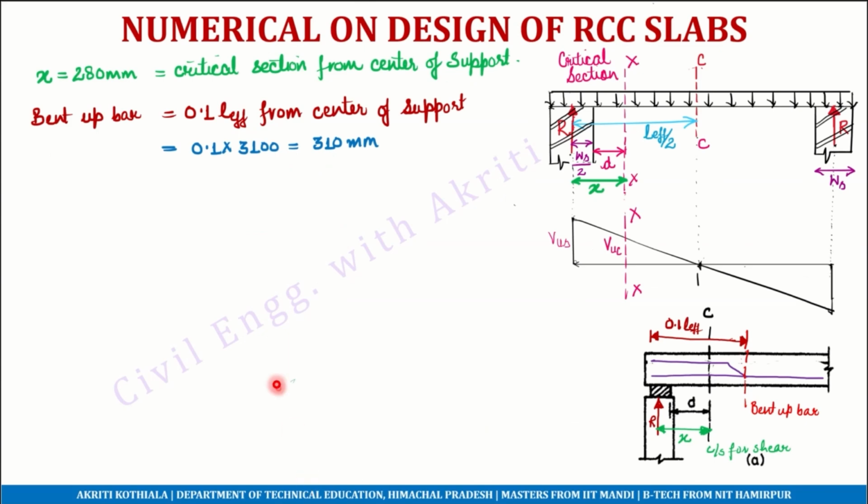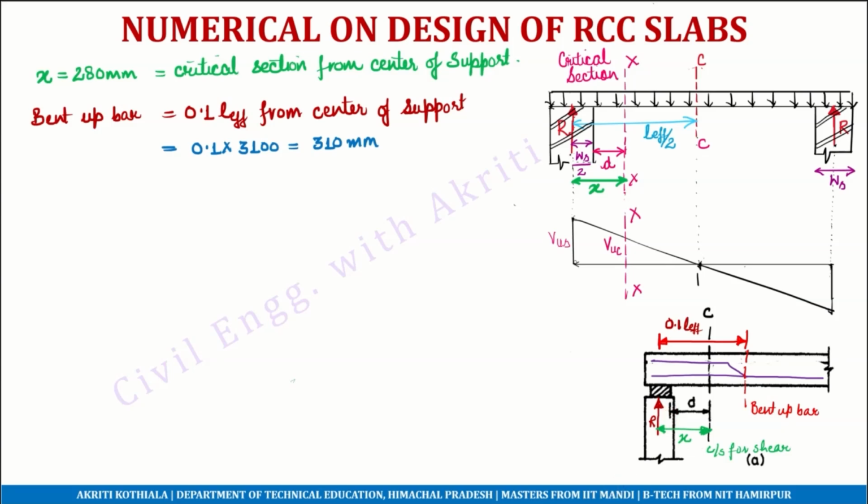Now we have to understand one thing here, that we are doing two things. One is we are bending up alternate bars at a distance of 0.1 L effective from the center of the support. The other thing which we are considering is the critical section for shear, which is at distance d from the face of the support, or x distance from the center of the support.